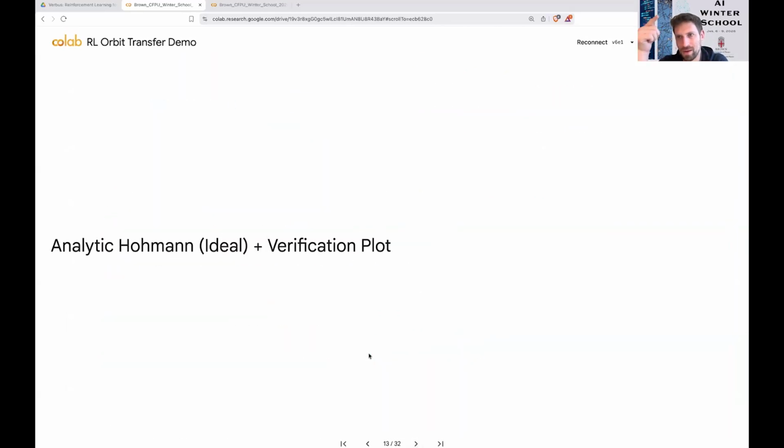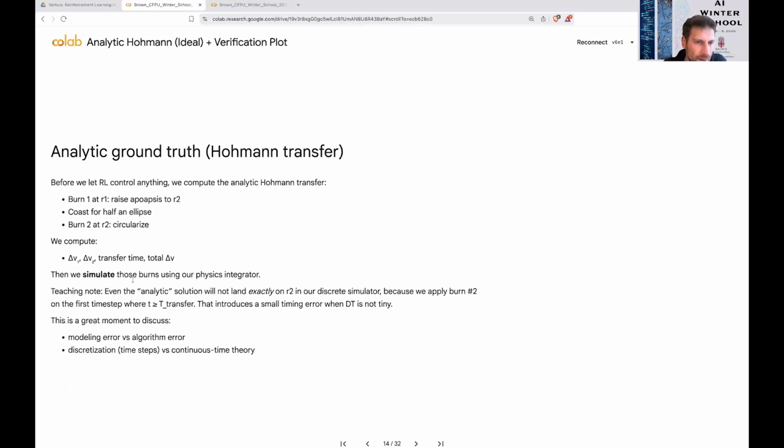So the first thing we're going to do now is look at that analytic Hohmann solution. Again, to remind everyone, this is analytically solved. We know the delta V1 and delta V2 burns, their magnitudes, and the times when you need to do those burns. Given that we know the burns and the acceleration from the delta V, we can use the physics integrator I showed earlier to plot out the trajectories.